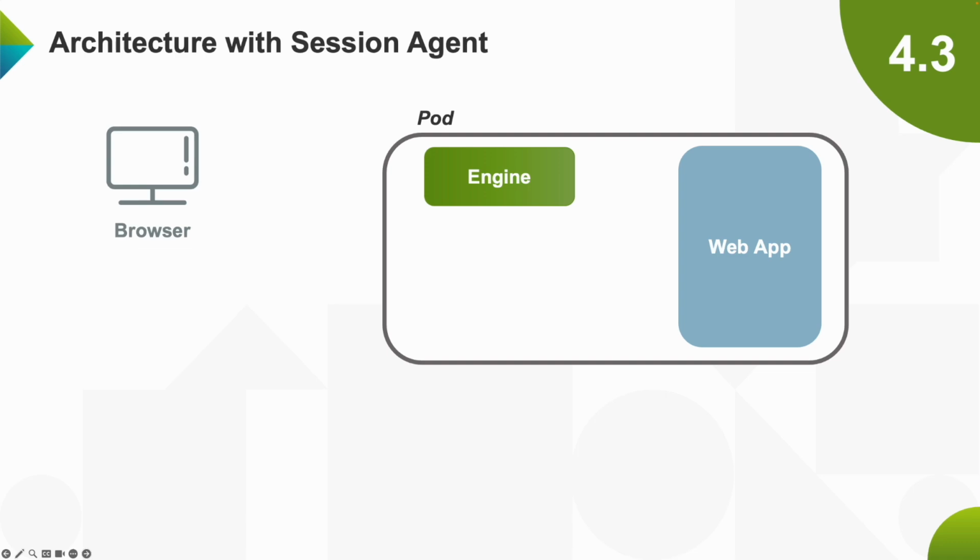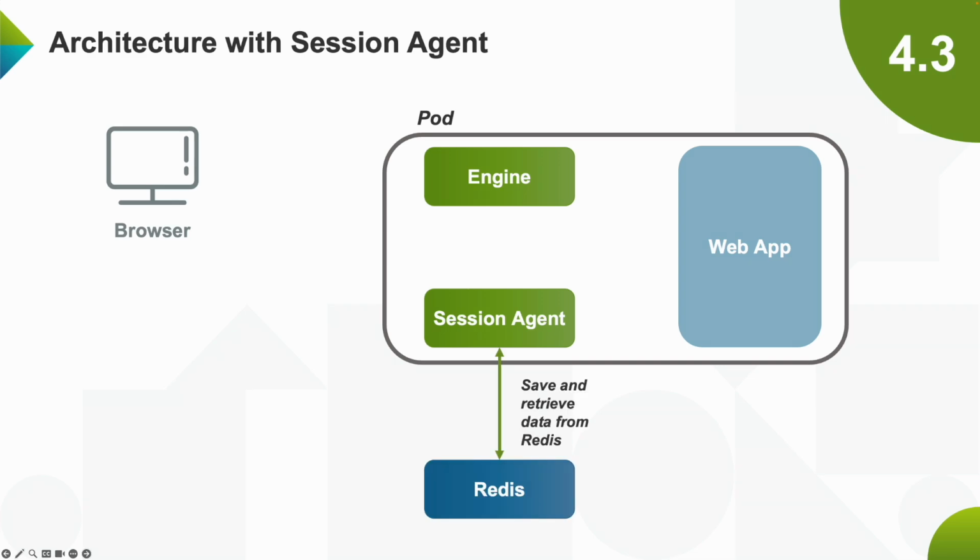The following picture shows the typical architecture of the Airlock Microgateway. With version 4.3, we introduced a session agent, which lives alongside the engine container. An external Redis can be connected to the session agent, which saves and retrieves data from it.